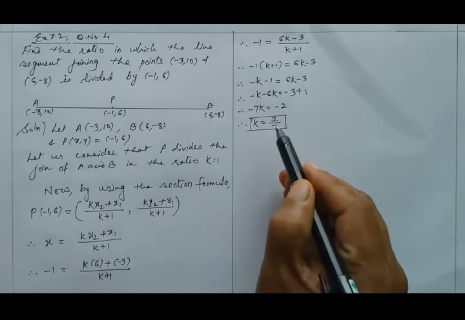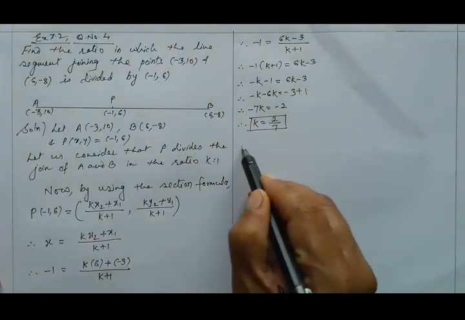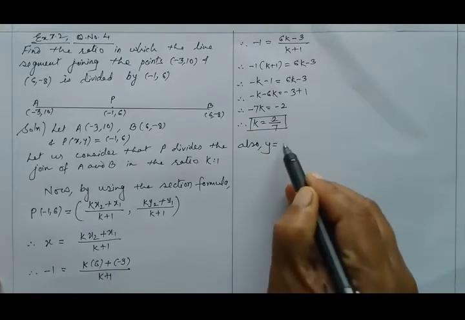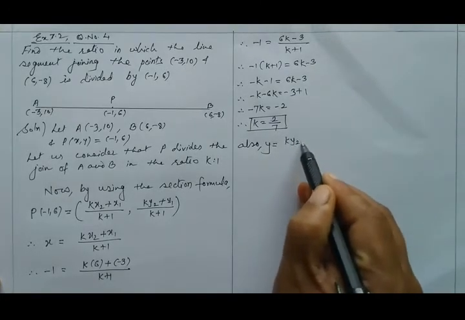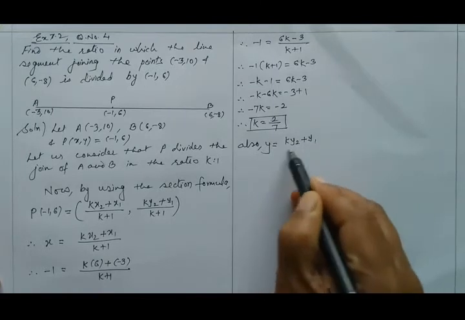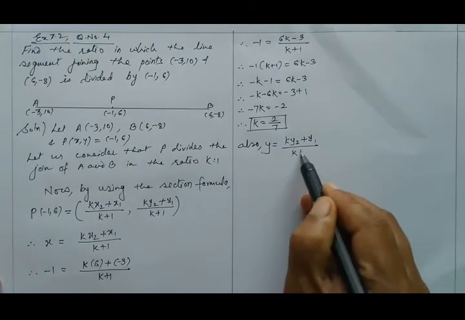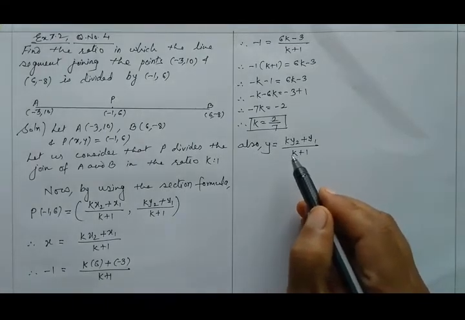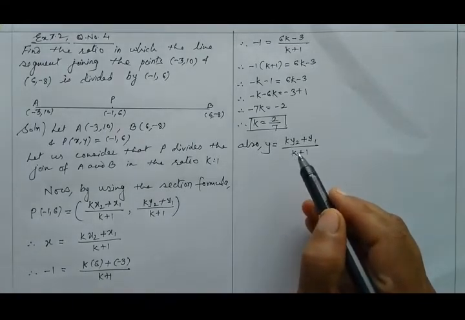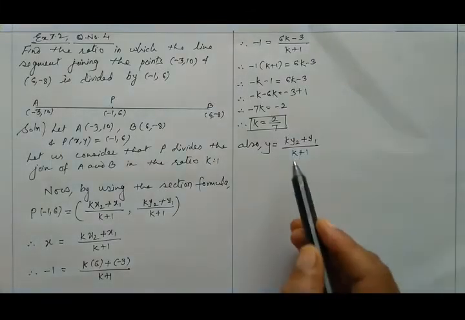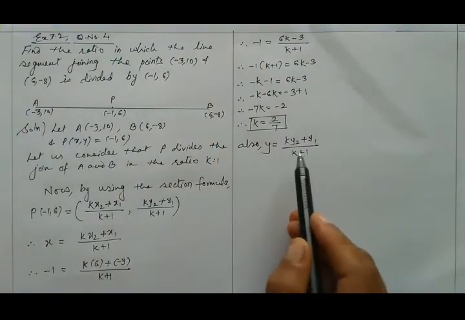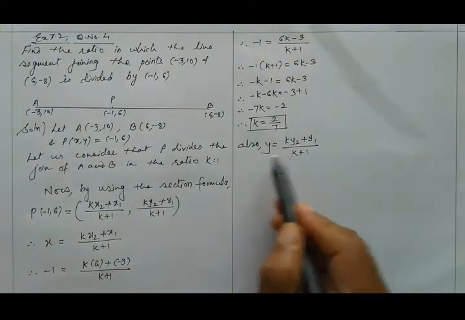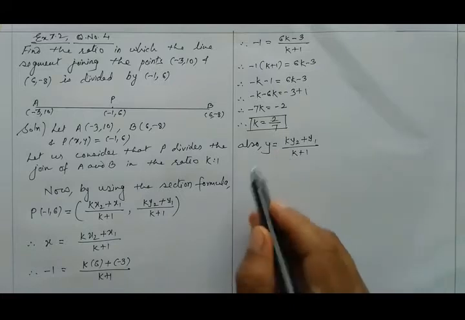Okay, also y is equal to ky2 plus y1 upon k plus 1. Okay, so now either you can verify here k is 2 upon 7, or you just substitute the value and it should satisfy this.